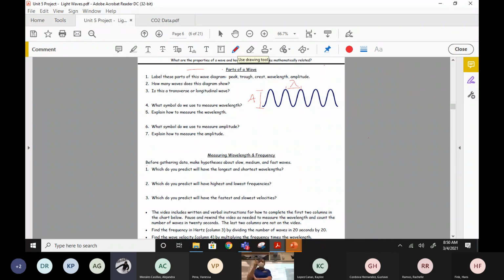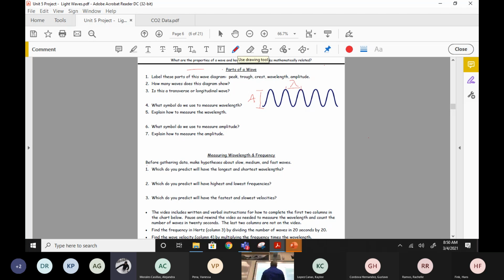Now, frequency, that's when you count how many waves have gone by over 1 second. So let's say it took 1 second for this to go by. What would the frequency be? That would be 5 waves per second. That would be the frequency. Okay? So we've got amplitude, we've got wavelength, and we've got the trough and the crest and the peak.